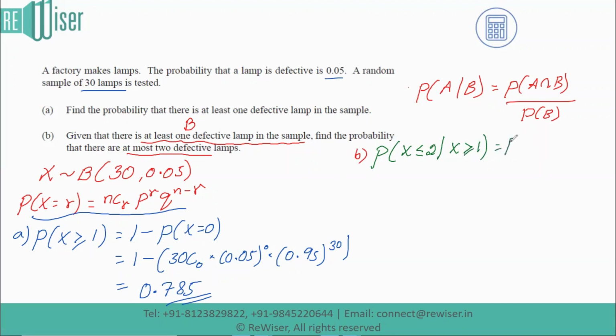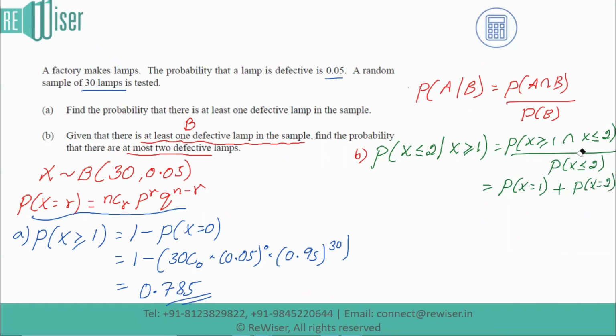So it's going to be the probability that X must be greater than or equal to 1, and X must be less than or equal to 2, divided by the probability of B. When I say X must be greater than or equal to 1 and less than or equal to 2, that means it must be the probability of X equals 1 or the probability of X equals 2 for the numerator.